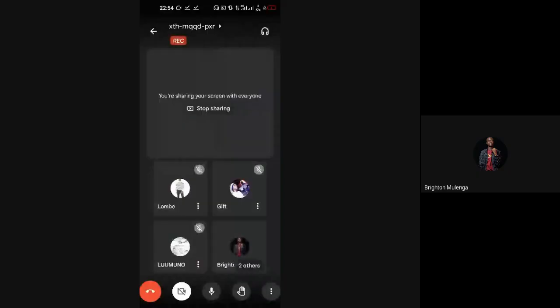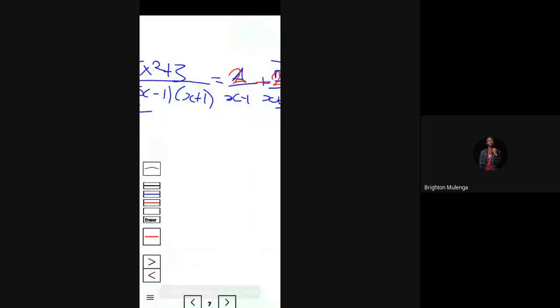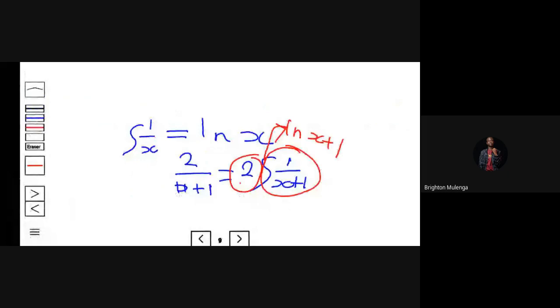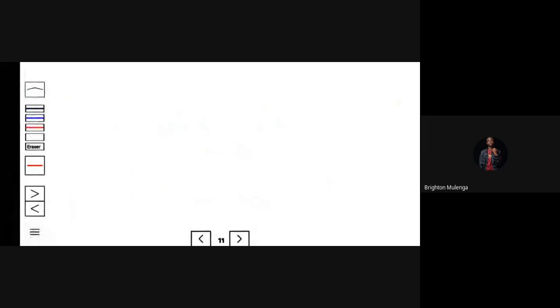Yeah, one more thing is, look at this. When you have, let's say, 1 over x plus 1, so this has the power of 1. Let me just use this example, x. This has the power of 1.